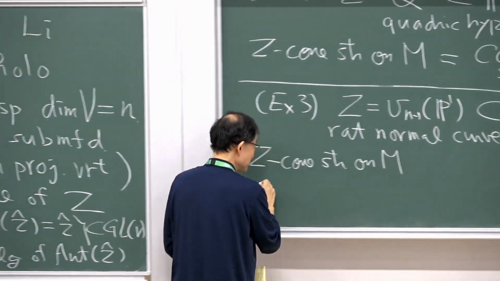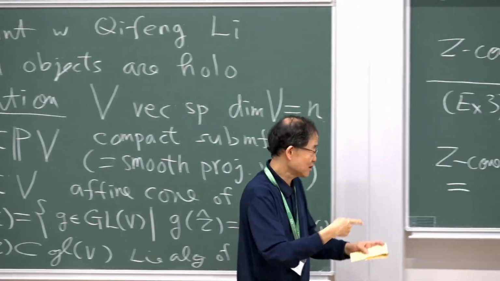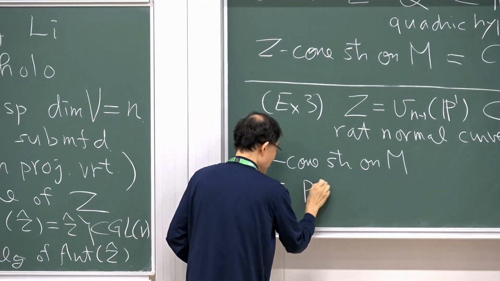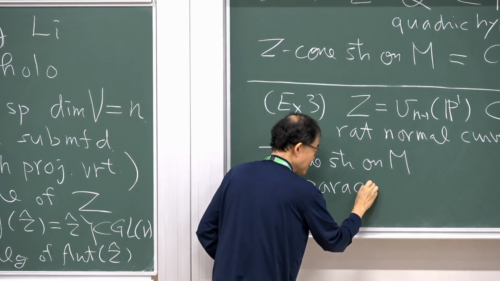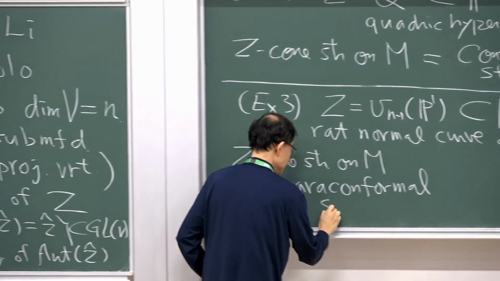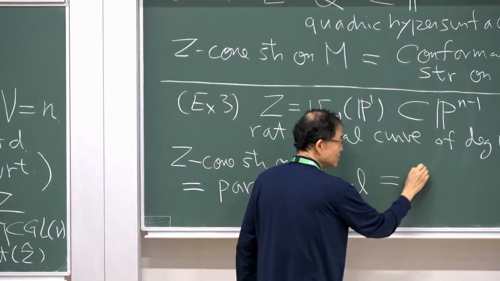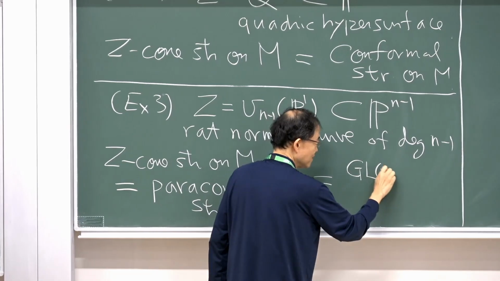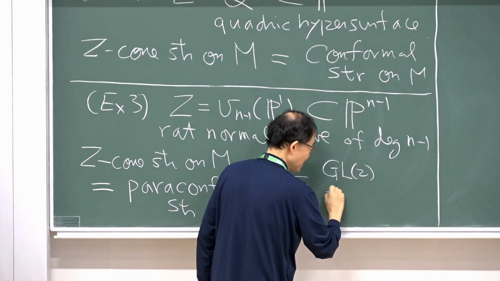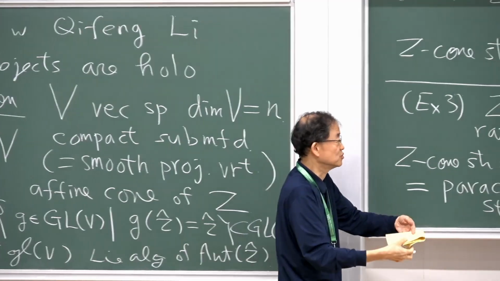There are people who use different names, but I think Matthias used this terminology, para-conformal structure. But some people call it GL2 structure because the group is GL2, but a different representation of GL2.